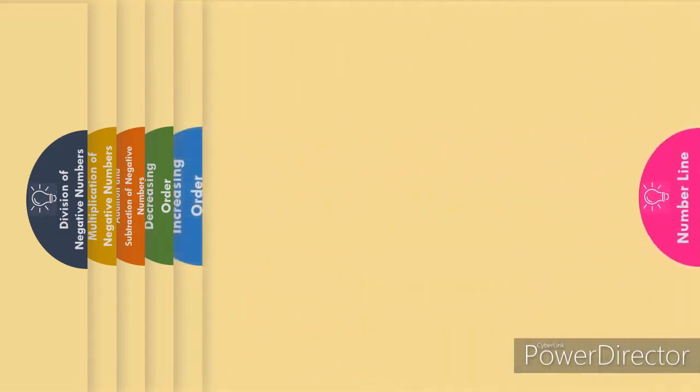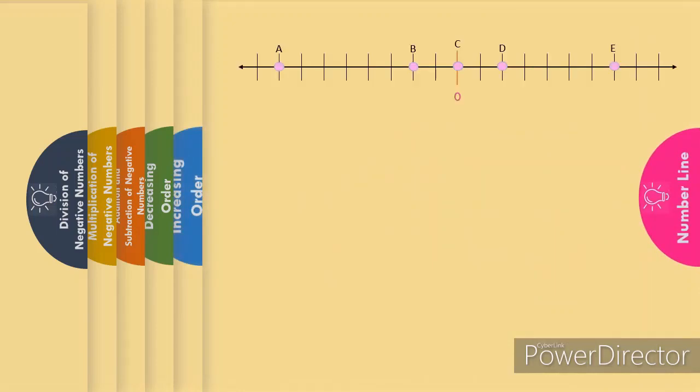Let's define negative numbers using a number line. Given a number line, as you can see, we have points and we have 0 or the origin. On the right side of the origin, or 0, we have the positive numbers, like for example 1, 2, 3, 4, 5, 6, 7, 8, 9, and so on.